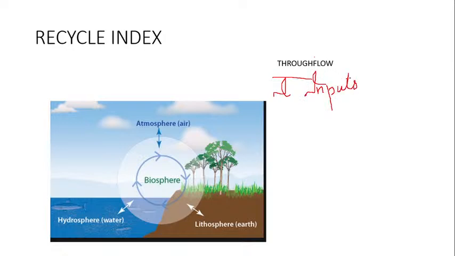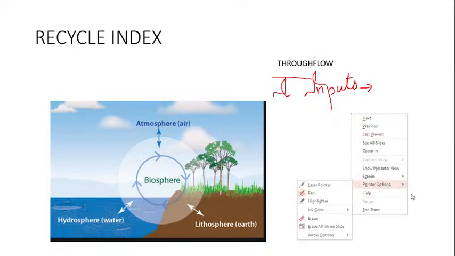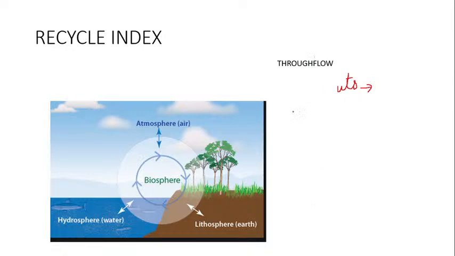That is, for example, nutrients like carbon, nitrogen, that is the input. The sum of all the inputs minus change in storage within the system, if it is negative.